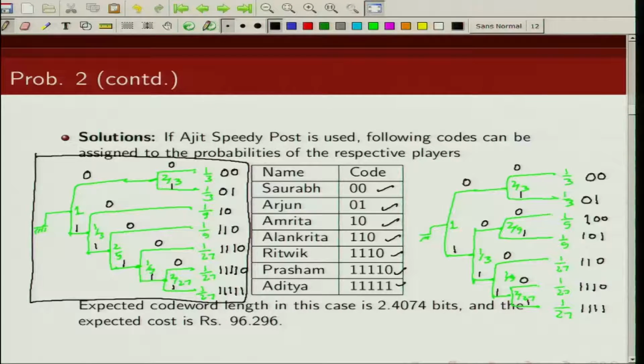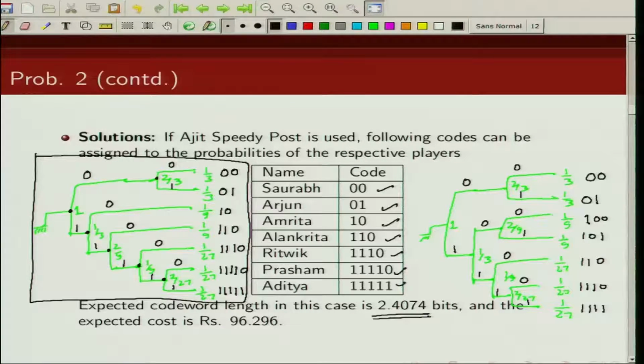From the path length lemma, the expected code word length is nothing but the sum of probabilities of all the nodes including the root node. So this is 1 plus 1 by 3 plus 2 by 9 plus 1 by 9 plus 2 by 27 plus 2 by 3, which comes out to be 2.4.